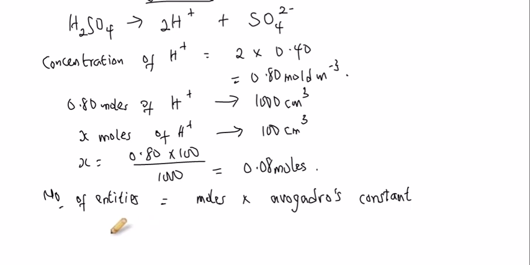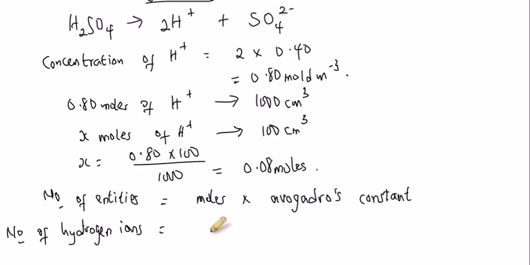So here the number of entities is the number of ions, so we just say number of hydrogen ions. Meanwhile, entities could also be referred to as atoms. It could be the number of atoms, molecules, or particles. Regardless, this is the formula that is best suited to make the work fast.